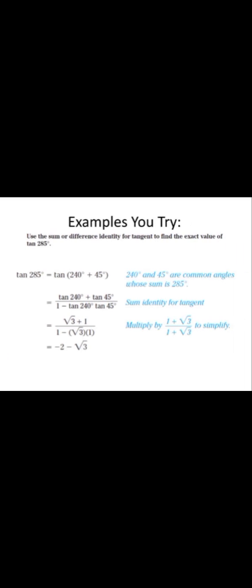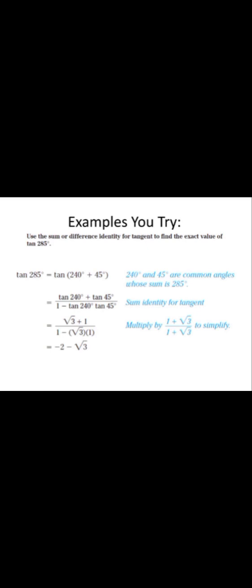Example: use the sum or difference identity for tangent to find the exact value of tan 285 degrees. You need to find angles that add up to 285. So we have tan of 240 plus 45, which is equal to 285. So it is a sum, since the given is a sum.